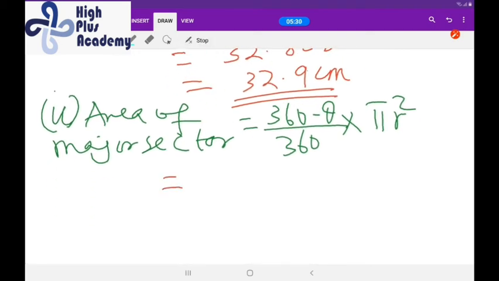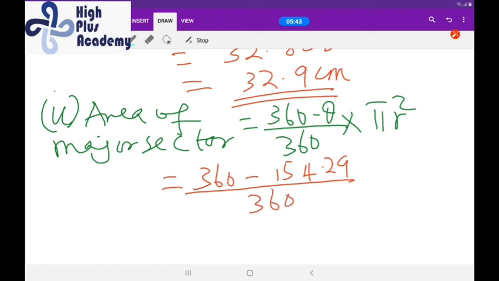That becomes 360 minus the angle we calculated, and that is 154.29, everything over 360 times 22 over 7. Our radius was 7. So that 7 cancels 7 here.